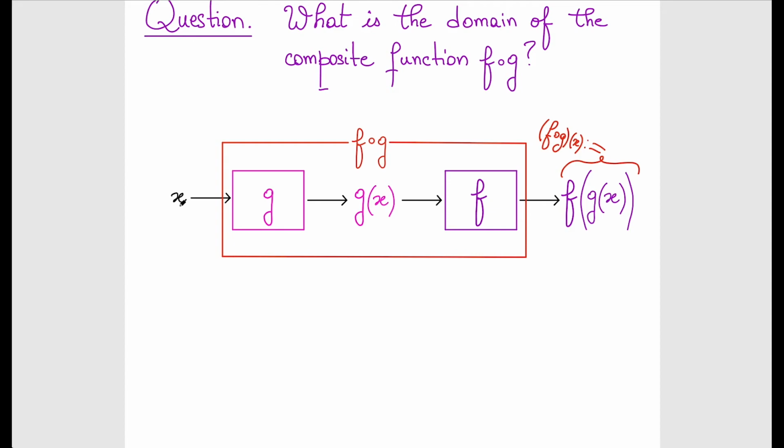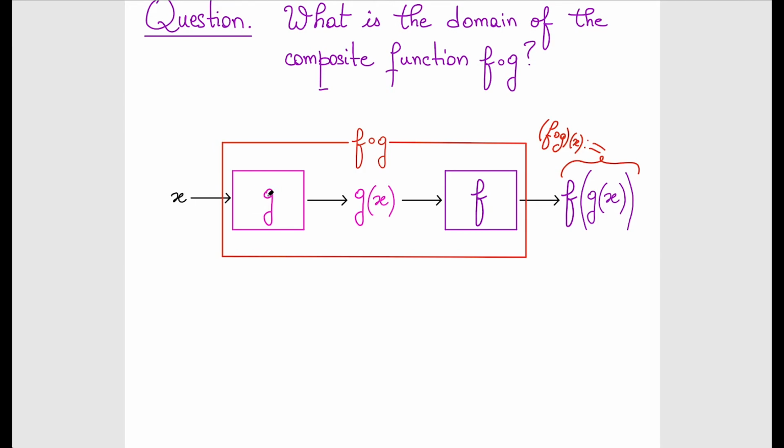So let's see. If x is sent inside the big box, the composite function, we know it goes first to g, right? Now, for the function g to produce an output, you need x to be accepted by g, correct?